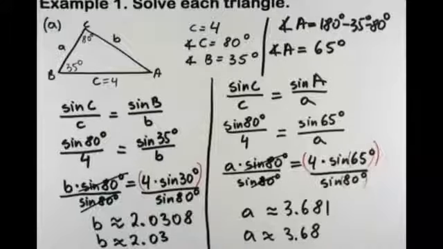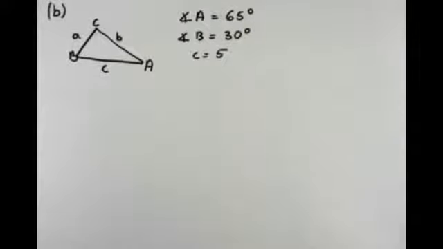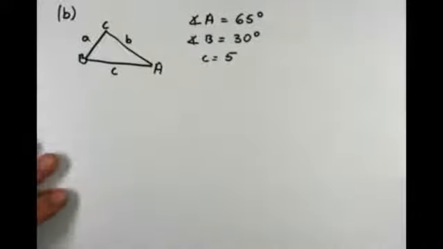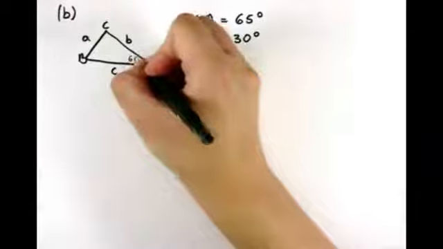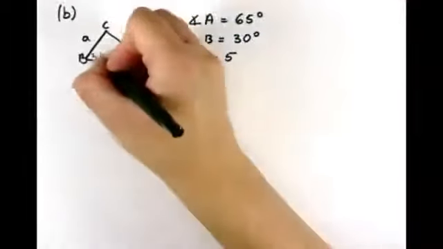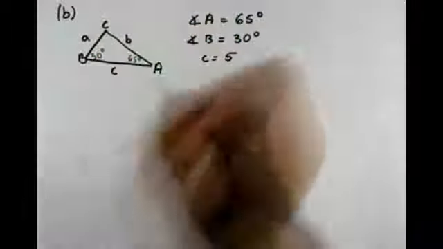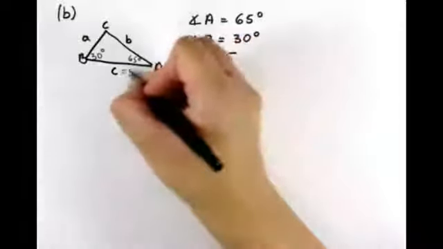Example B. We need to solve the triangle as well. This time we are given angle A is 65 degrees, angle B is 30 degrees, and side C is 5.